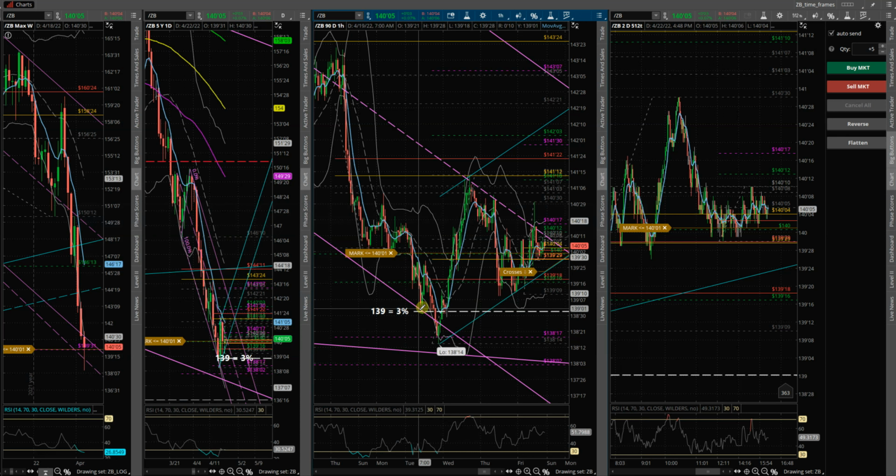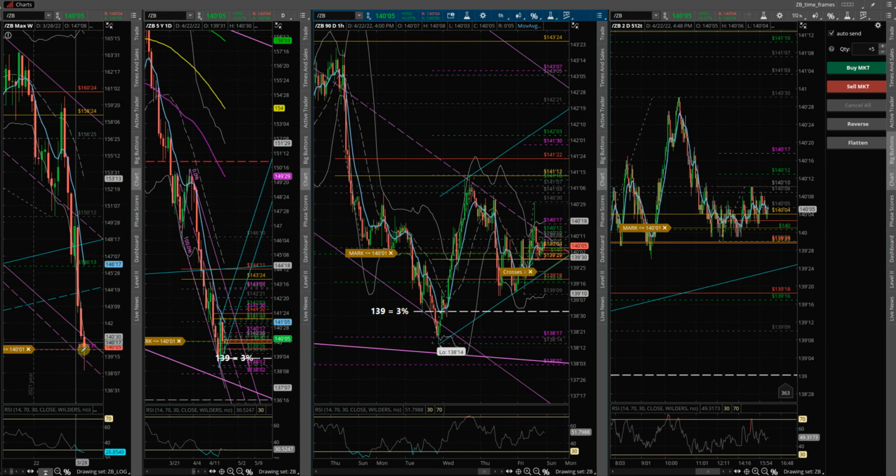But yields hit, I think, 3% the first time that this wave 5 down punched the bottom of this wave 3 channel right here, this wave 3 purple channel. And so I had to buy there the first time, and then I got stopped out of that. And so this underthrow of this channel also corresponded to 30-year yield hitting its 41-year secular channel.